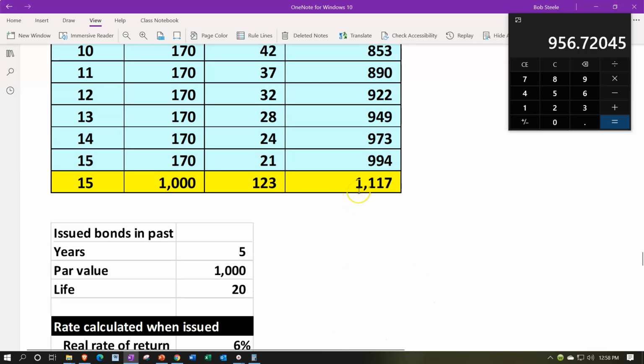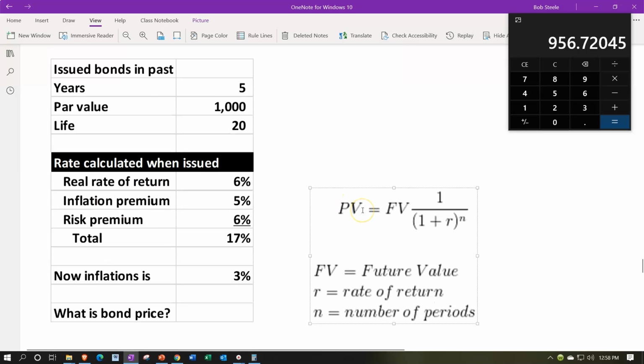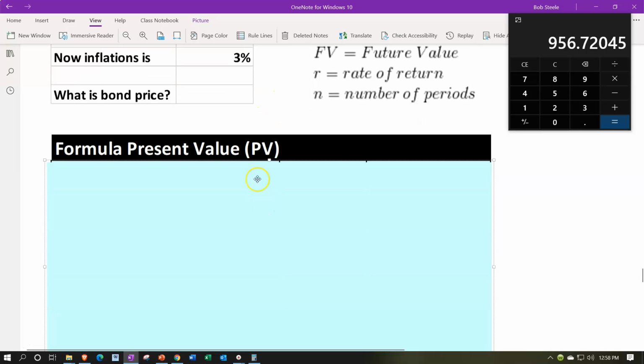Let's calculate this one again, not the magic way, but the formula way for the 1,000, the present value of 1 formula. PV equals future value, 1,000, over 1 plus R, now the market rate, 15%, as opposed to the 17, to the N, number of periods, now 15, 20 minus 5. Let's do it with our table then.